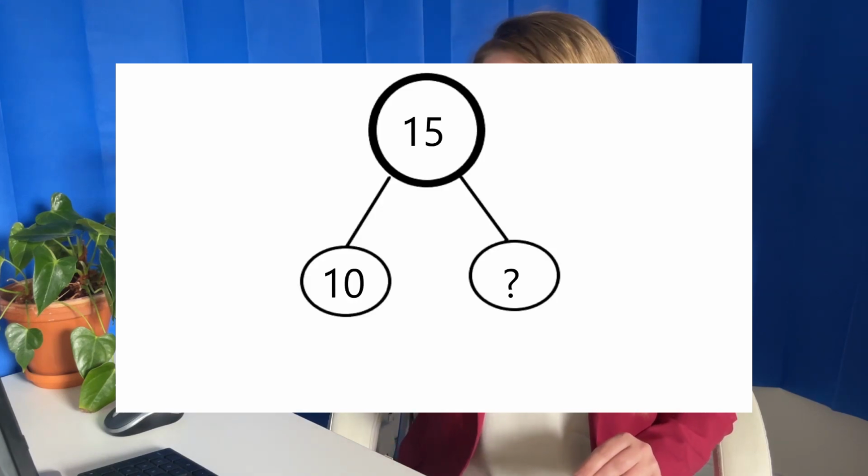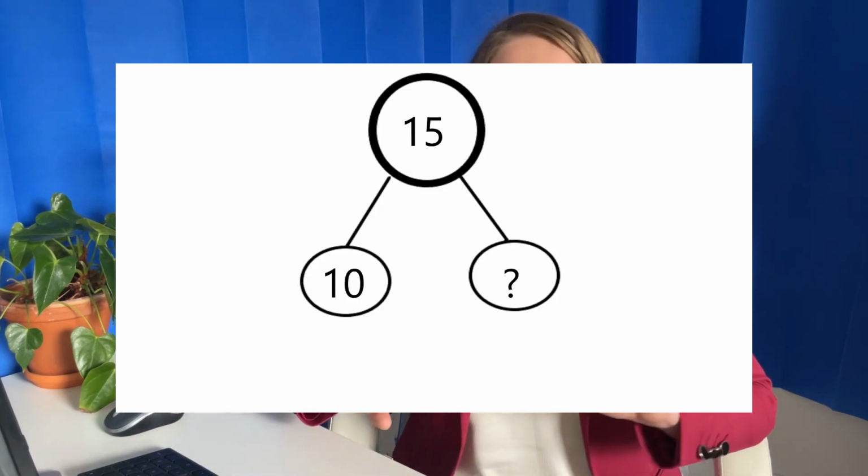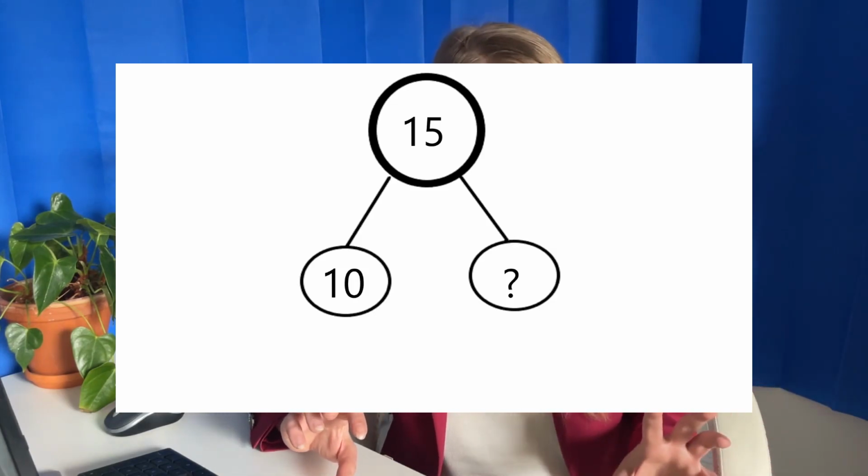Also, if you remember previously, especially when it comes to the part-whole concept and the number composition, children were practicing a lot that if we know the whole and we know one part of the whole, we can very easily find the second part.